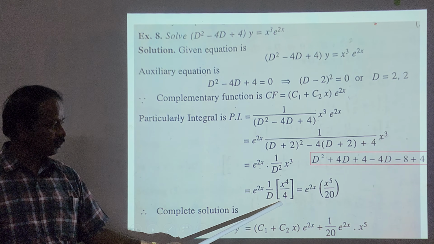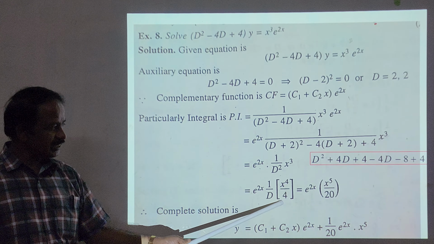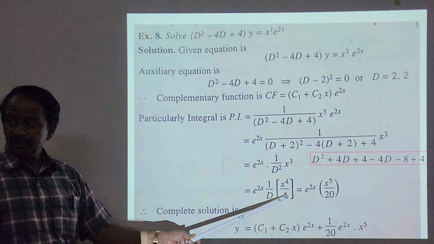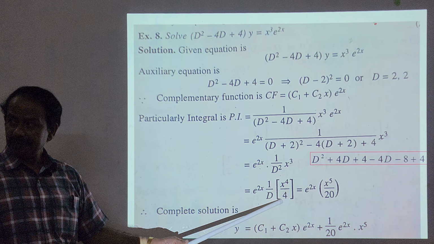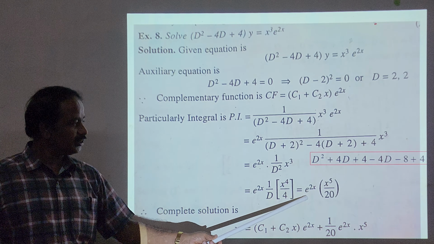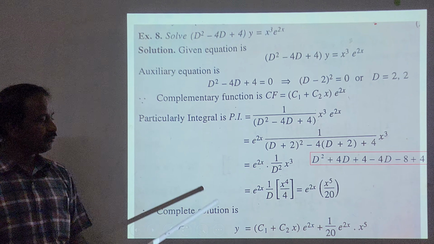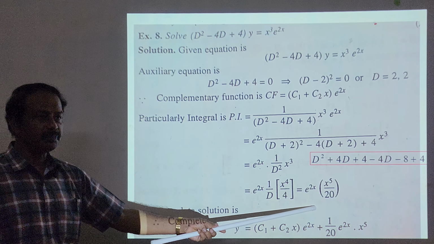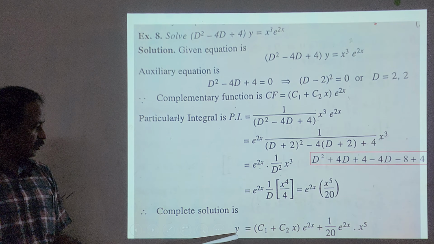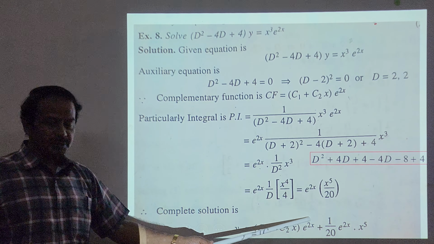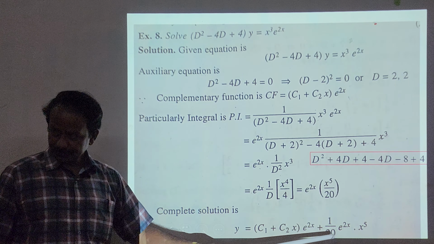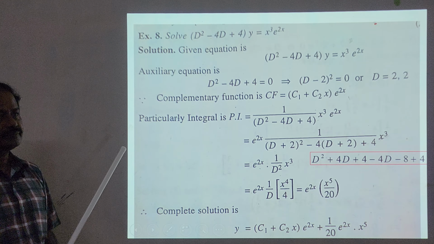After the second integration, it will be x to the power 5 by 5. 5 multiplied by 4 will be 20. So e to the power 2x, x to the power 5 divided by 20. So this is your PI, particular integral. So your complete solution will be complementary function plus particular integral. That's the answer.